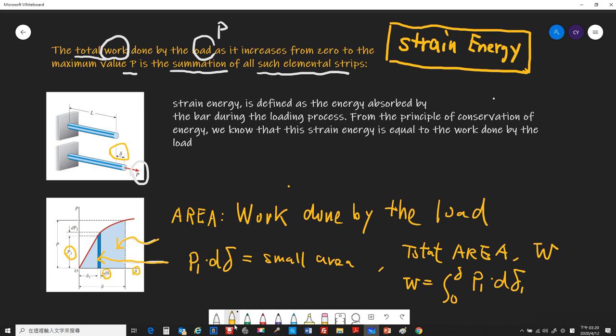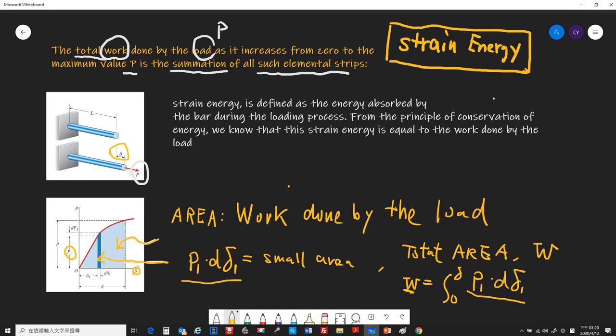Actually, this is the delta 1. So here should be the delta 1. So here small area, and the summation of the small area is a total work. So this is the definition of the work.